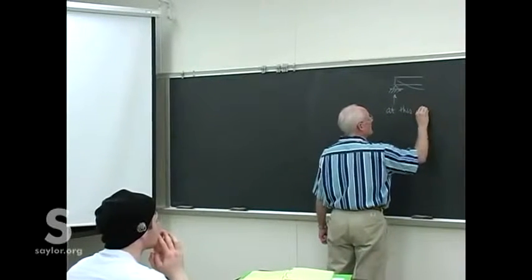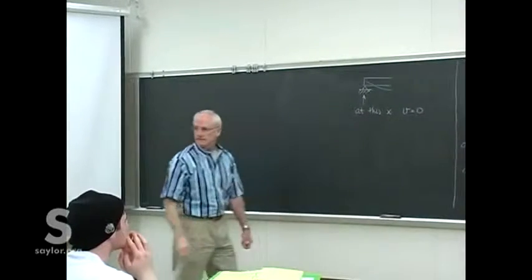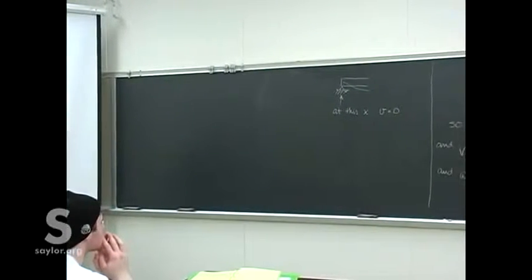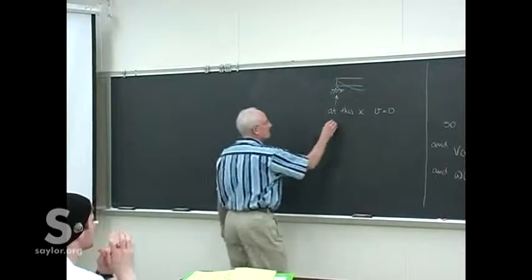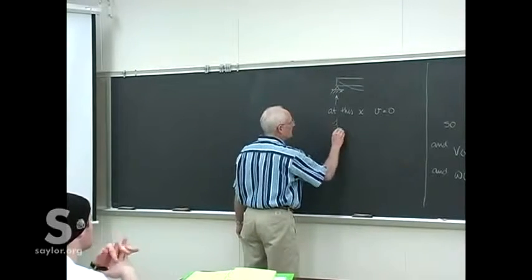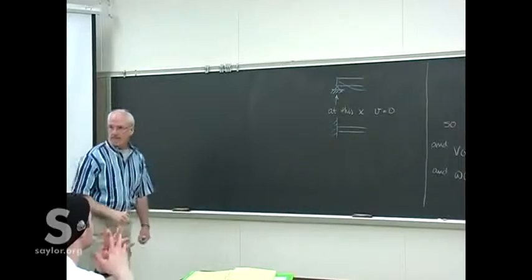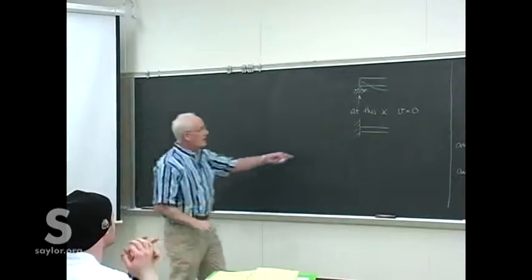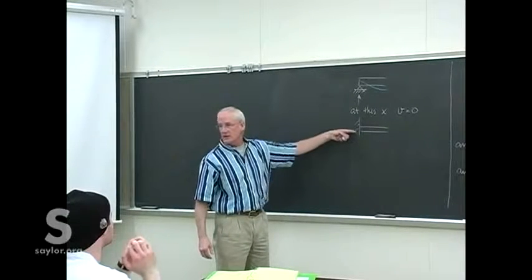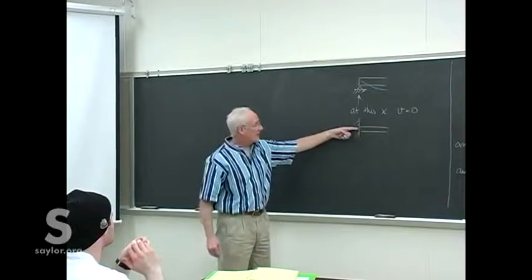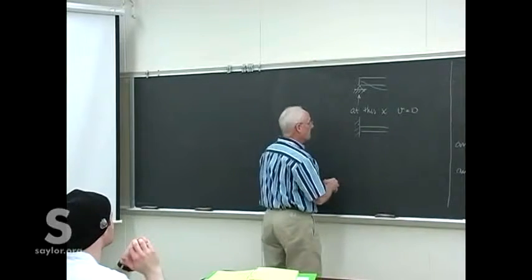At this x, V equals 0. For example, on a cantilever beam, not only will V equal 0, there won't be any deflection here. No matter how you load the beam, it's not going to drop down at the support any.